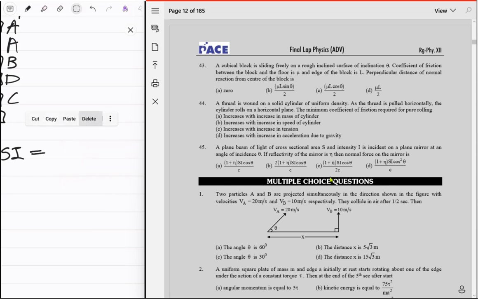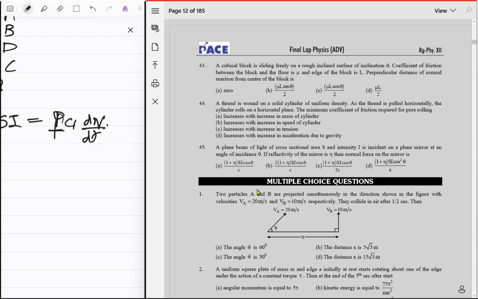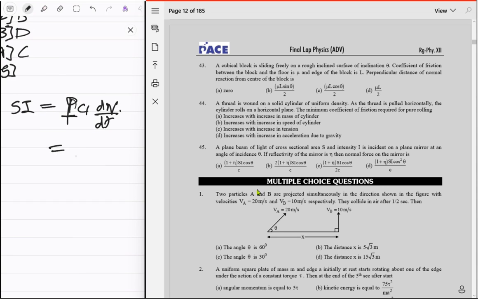So the momentum times c is the energy of a photon, so momentum is p, and then you just have dn upon dt. So n is the number of photons that have hit this thing. So p dn upon dt is dP upon dt, where small p is the momentum of a photon and capital P is the momentum of the beam. So this is equal to dP upon dt times c.